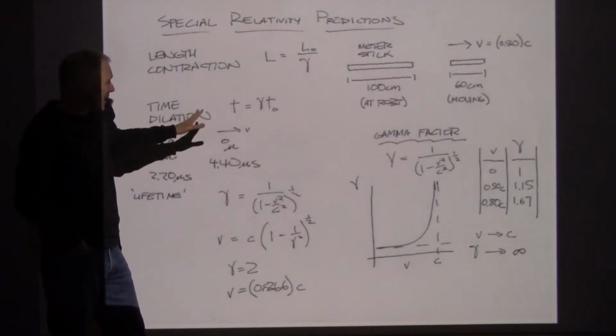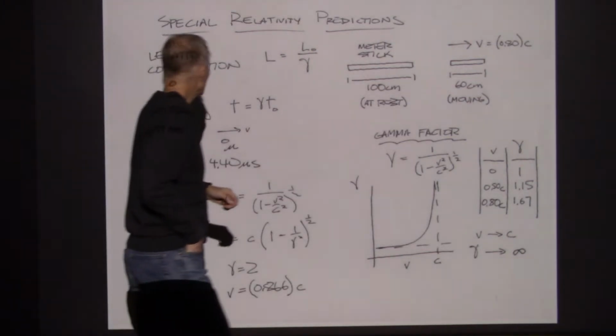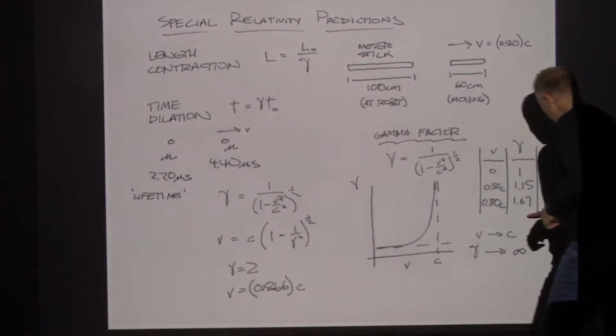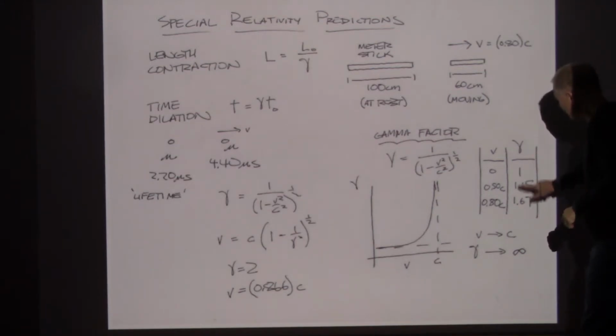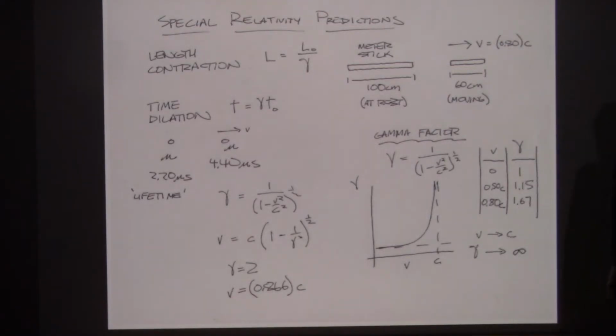What speed would be required for a factor of 2? We didn't put that on our table, but it turns out a gamma factor of 2 requires going about 87% of the speed of light. And that's not unusual for these particles.